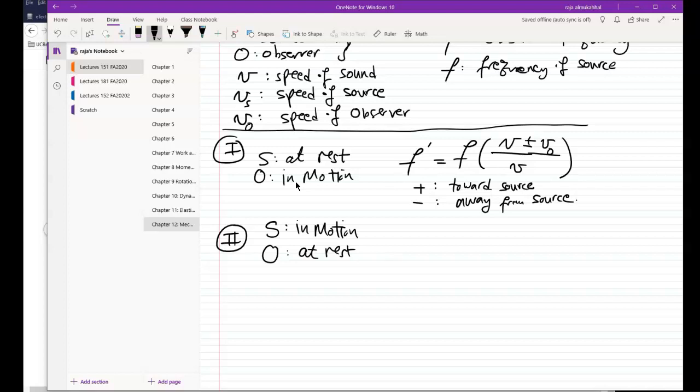So you see it coming towards you and then away from you, okay? And then you want to measure the observed frequency, okay? In this case, the observed frequency F prime is equal to F times V over V minus plus VS. There we go.